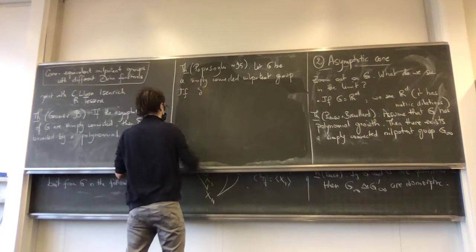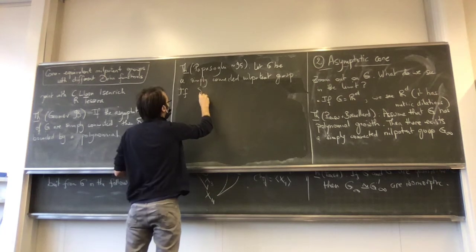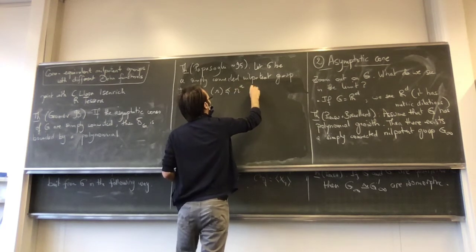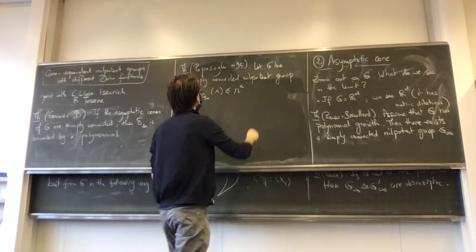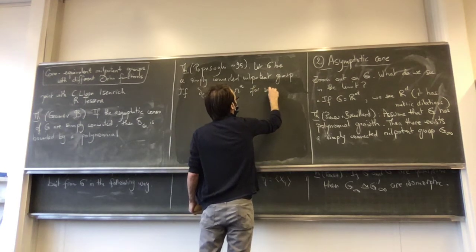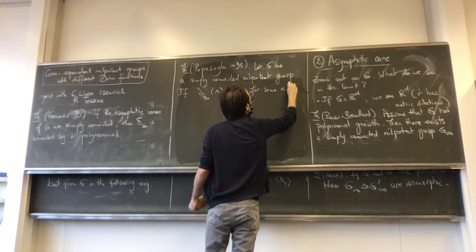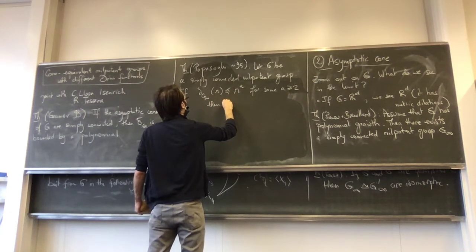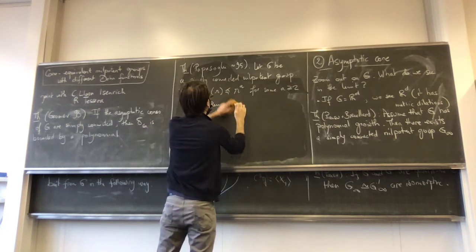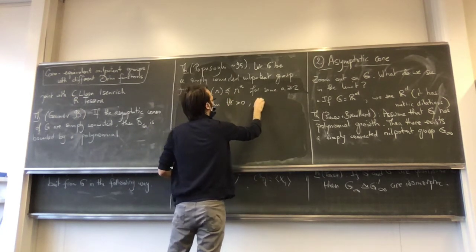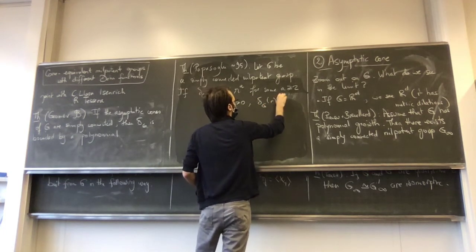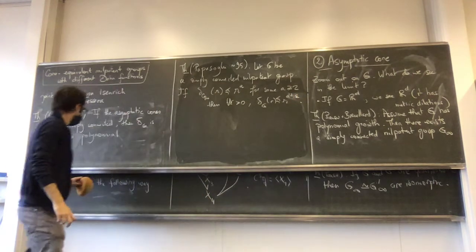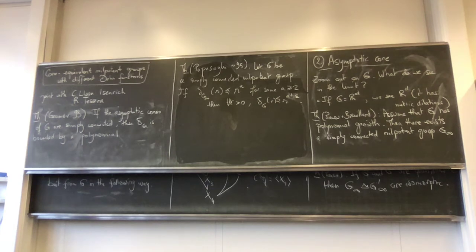If the Dehn function of G infinity is smaller than r to the power alpha for some alpha greater than 1, then for all epsilon greater than 0, the Dehn function of G is smaller than r to the power alpha plus epsilon.